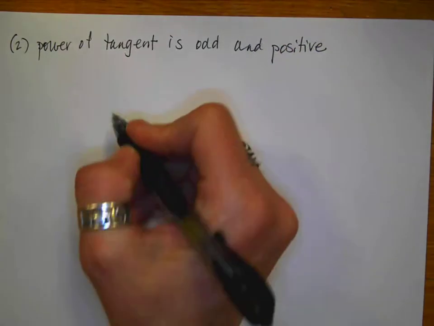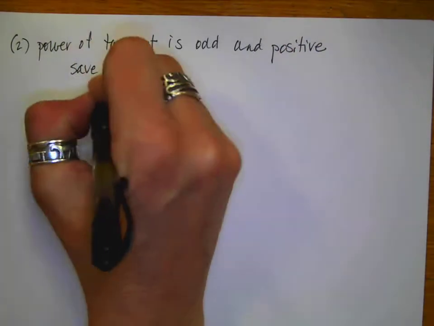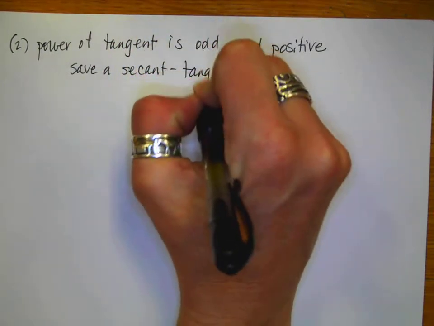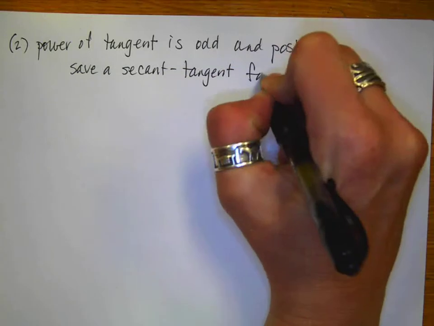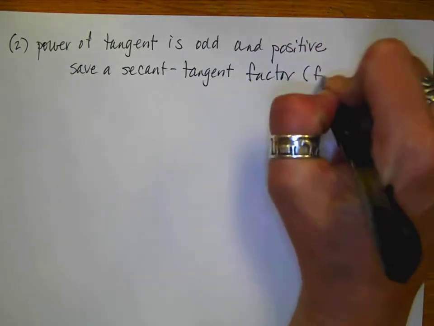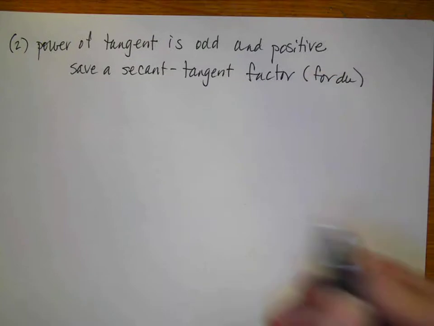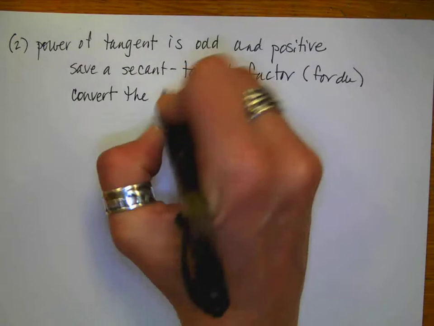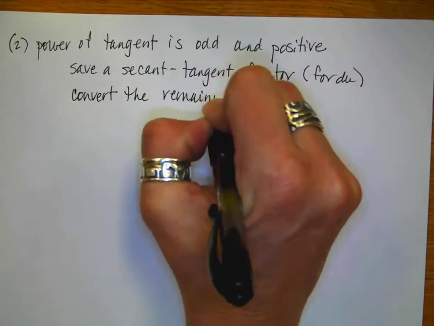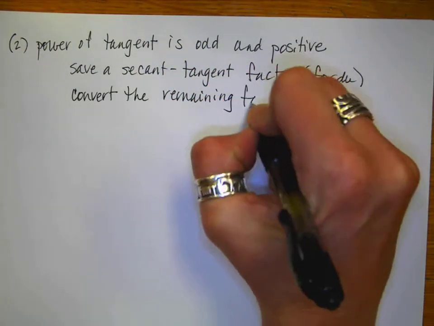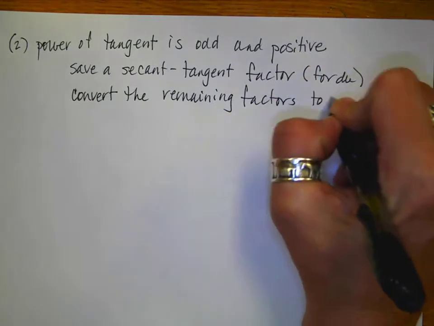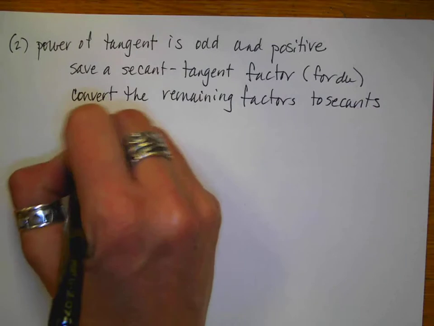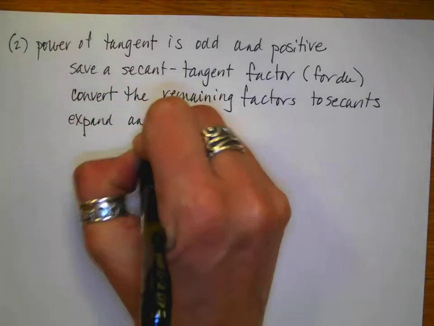Alrighty, and then for our guidelines, we're going to save a secant tangent factor, and this is going to be for our du. Okay, then we're going to convert the remaining factors to secants. Whew, so much writing. And then we're going to expand and integrate.